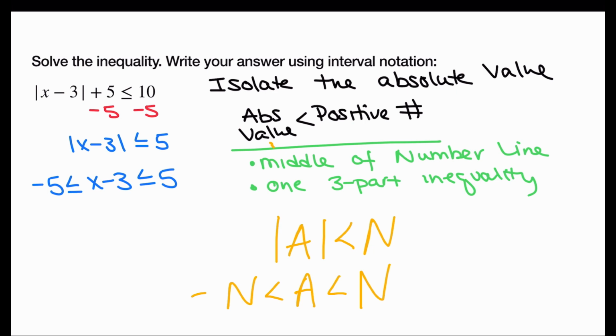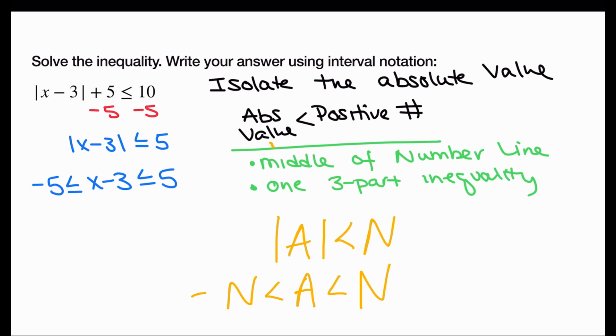And the way to do that, in general, if you have absolute value of something less than a positive number, that means the thing inside the absolute value is bigger than -n and smaller than positive n. So you can say that thing inside the absolute value is between negative n and positive n.